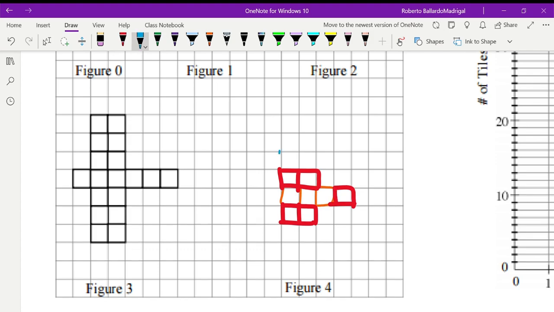Figure 2, we did that again. 2 on top, 2 on the bottom, 1 to the right. Figure 3, we repeat this again. 2 on top, 2 on the bottom, 1 to the right.